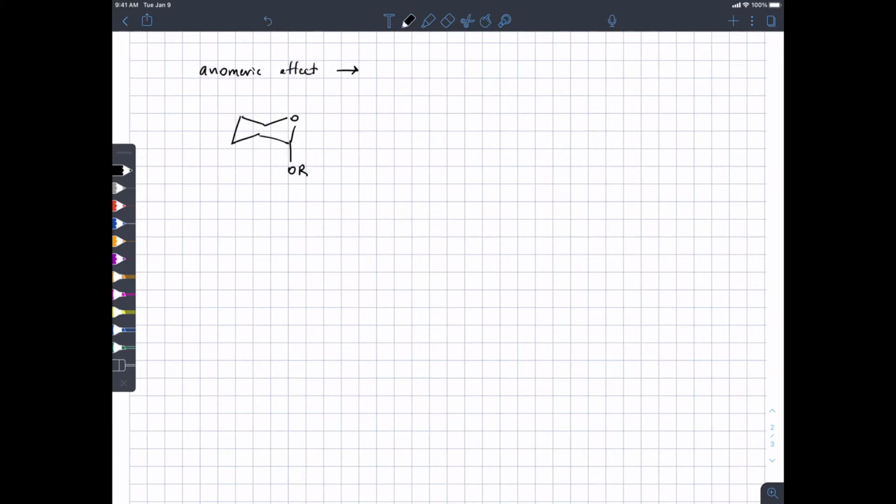And cyclic acetals can undergo what's called mutarotation because they exist in equilibrium with an open chain form. So I'll just show you that having the OR group be equatorial versus axial, those two are in equilibrium. And if you look at that, you think, hold on, that's an interchange between stereoisomers.